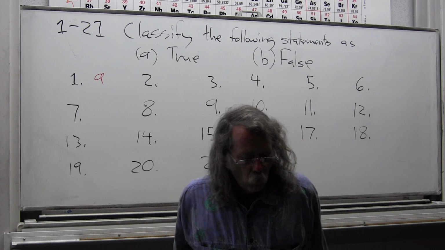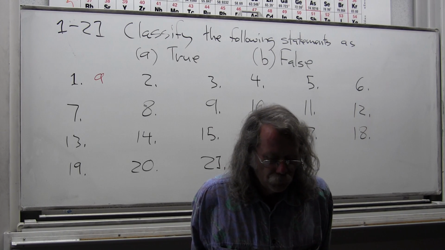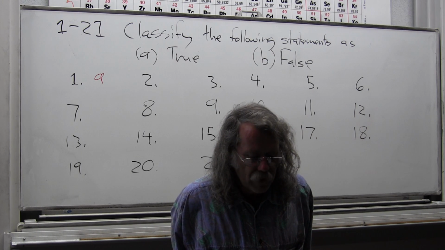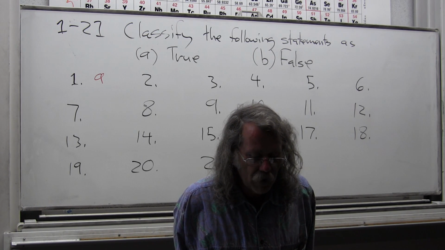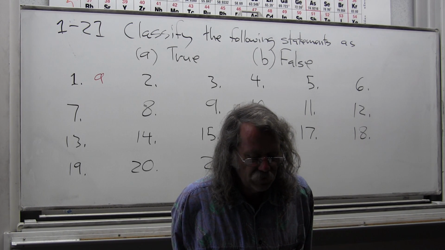So 1 is A. Number 2, the Pauling electronegativity scale provides a measure of an element's tendency to share bonding electrons.